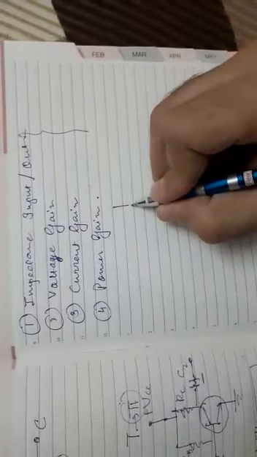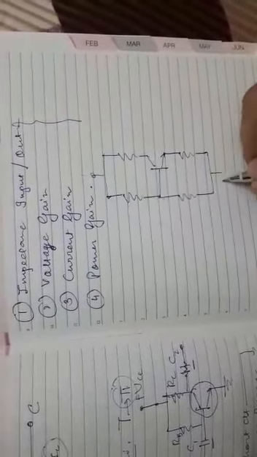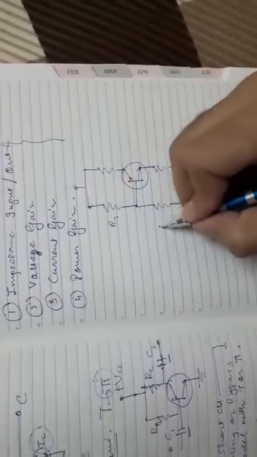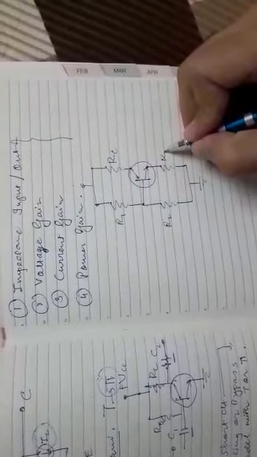One more circuit I am taking here is the VDB circuit, and VDB can also be asked for the conversion. The VDB circuit is more popular for biasing, and all of you must be able to draw the VDB circuit for the conversion techniques. Here are the collector resistance and emitter resistance and supply.